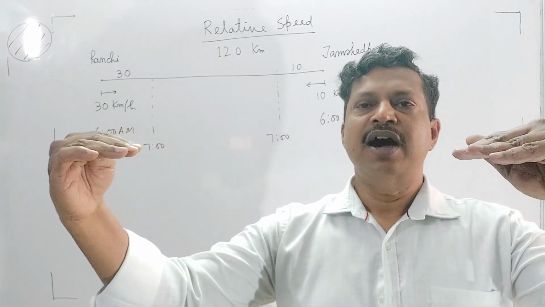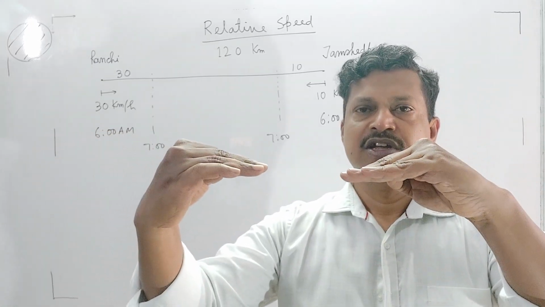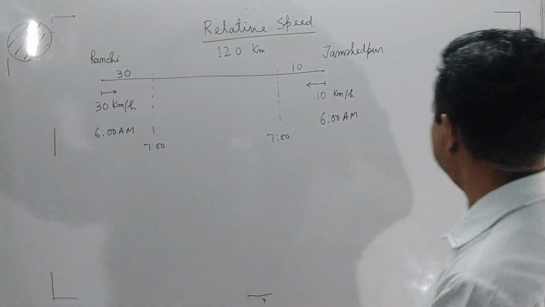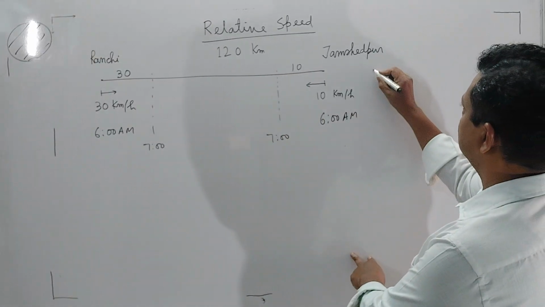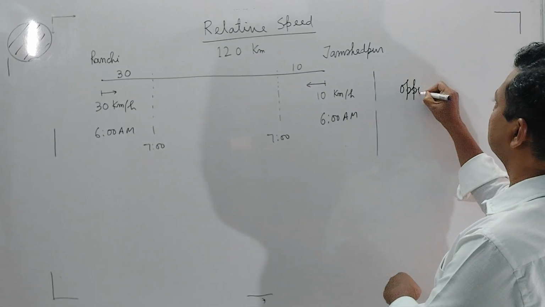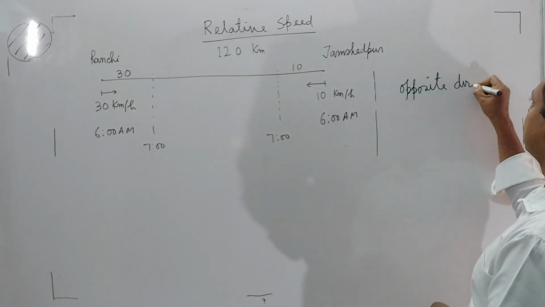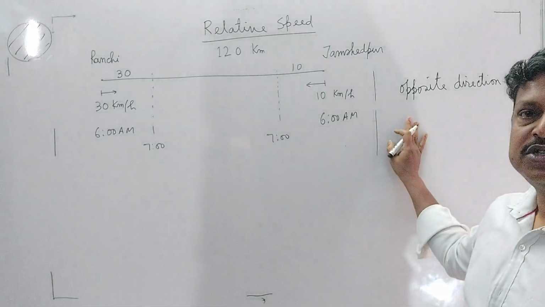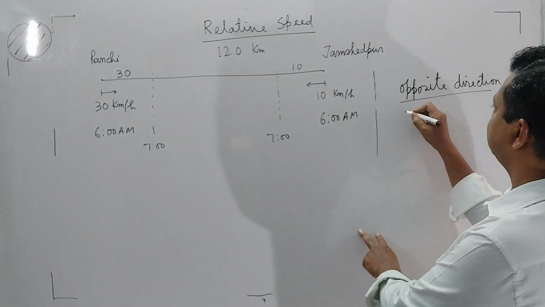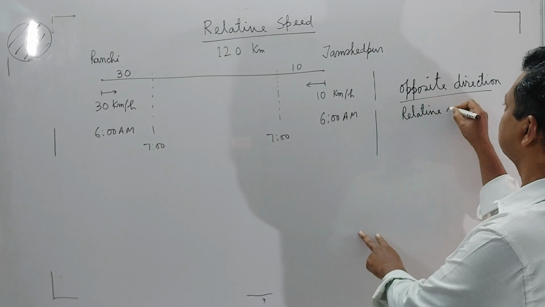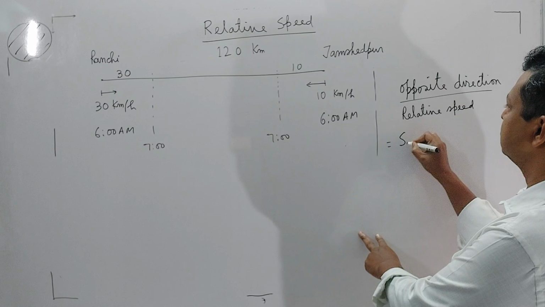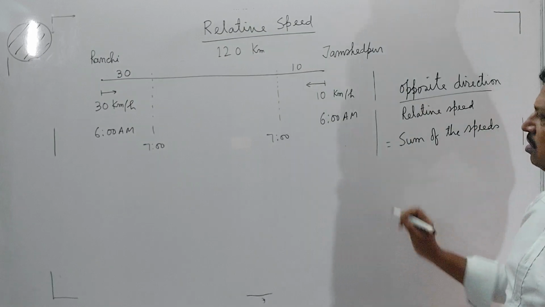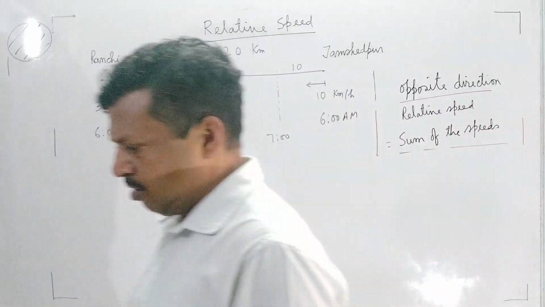If two cars or two runners are running in opposite direction, the relative speed is the sum of their speeds.